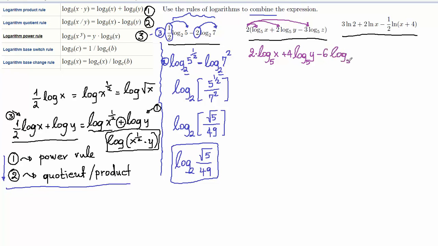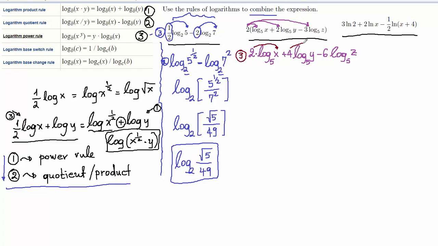Okay, now after I distribute it, what I can do is I can start applying the logarithm rules, and I will start as always with number 3 right here, meaning the power rule. So I have a power right here that I will bring up here as an exponent.